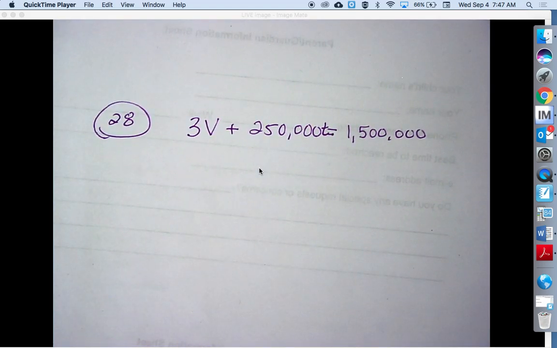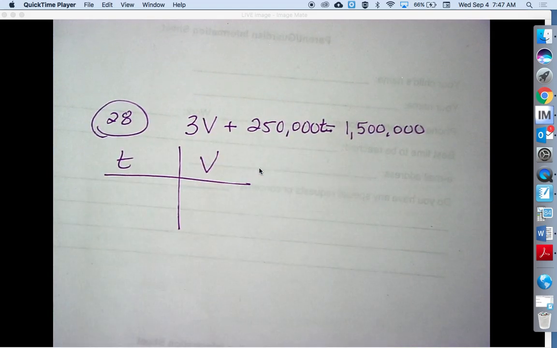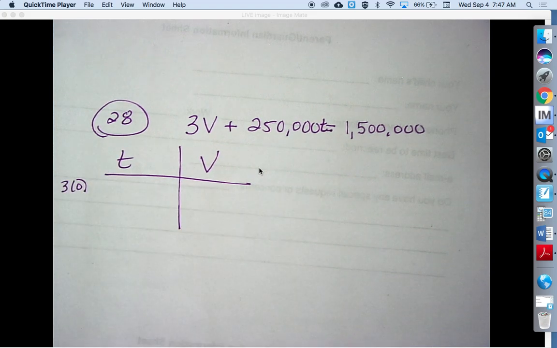But if you're finding the t-intercept versus the v-intercept, you would plug in a 0 for the value if I'm finding time.